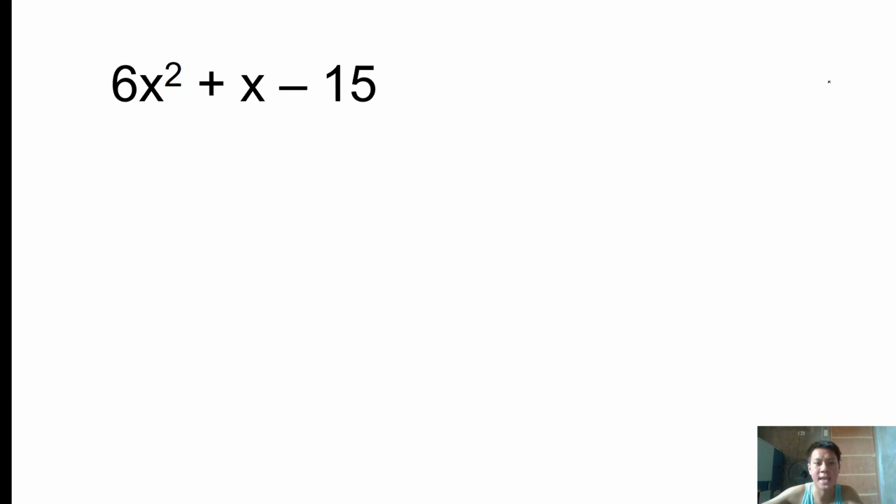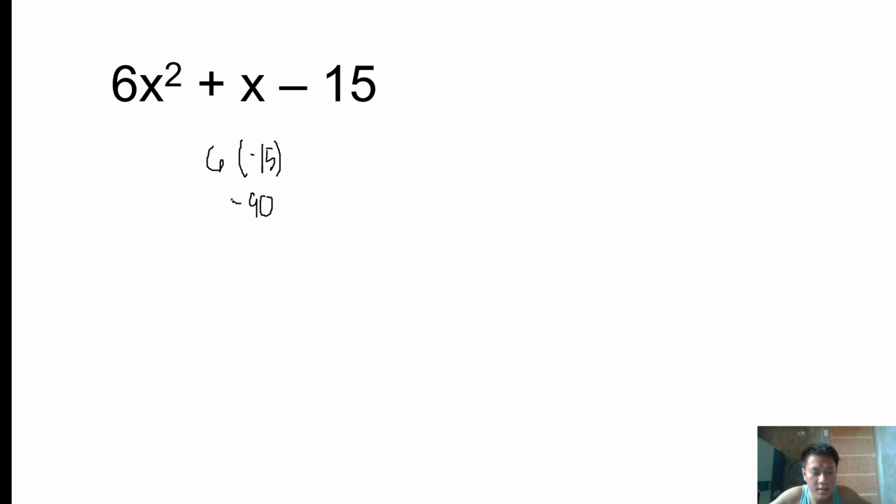Ayan. Okay. Dito, wala na naman tayong makikitang common factor ng tatlo. So that means hindi natin siya pwedeng gamitan ng greatest common factor muna. So ang gagawin muna natin ay multiply ulit natin si 6 kay negative 15. 6 times negative 15 is equal to negative 90.